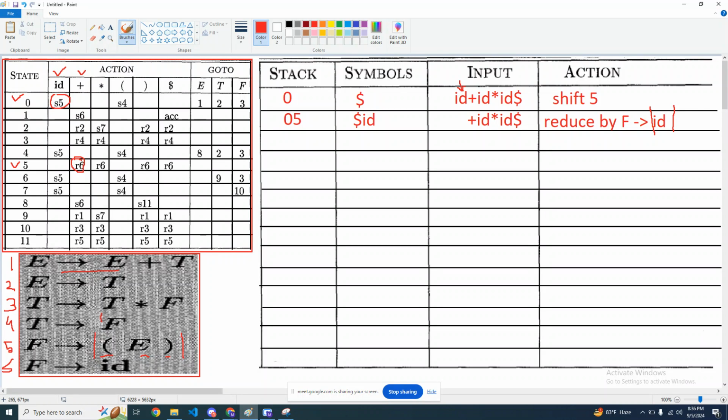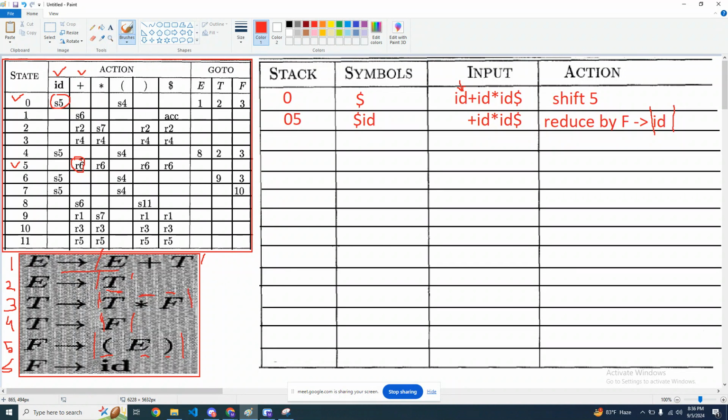What about this production 4? What is the cardinality? 1. Okay. So for production 3, what is the cardinality? So T, this multiplication, and this F. So 3. For production 2, 1. So for production 1, the cardinality is 3, right?